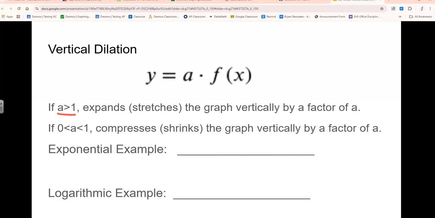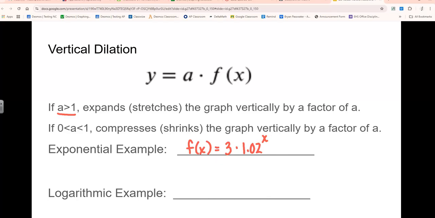Okay. The way that this looks for an exponential is something like this. f of x equals 3 times 1.02 to the x power. These are very common to see. We're going to see them when we start looking at applications. That's because it's the a times b to the x power.